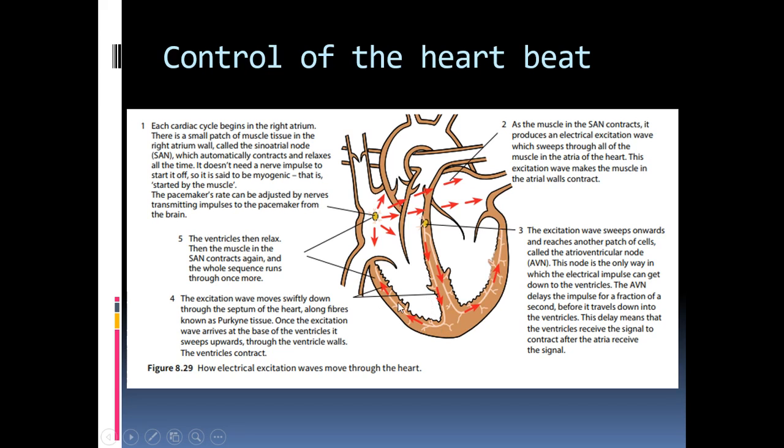Because this is the only way that the blood can be forced, or can be pushed, towards the pulmonary artery and the aorta, right? So the impulse will travel downwards, okay, before it moves sideways to the wall of the left and right ventricle. Okay, and again, I would like to stress this is to ensure that the contraction of the ventricle will occur from bottom up.